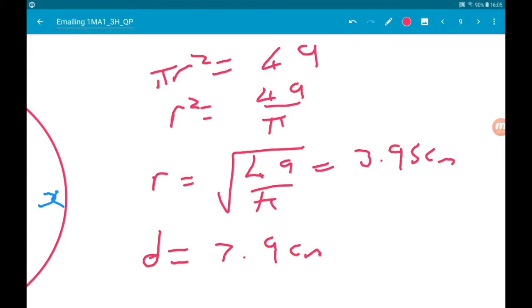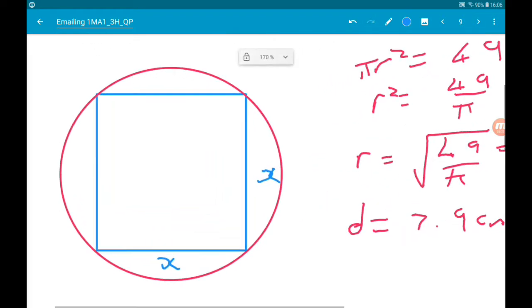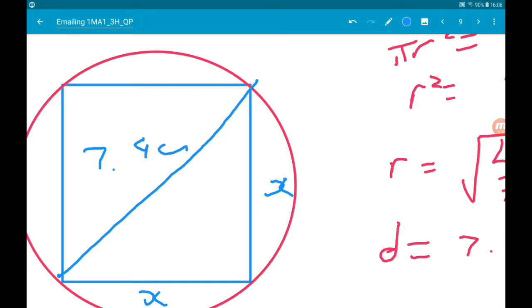Okay, so back to the square. So we can now say that our length is 7.9 centimeters. Okay, how does that help?